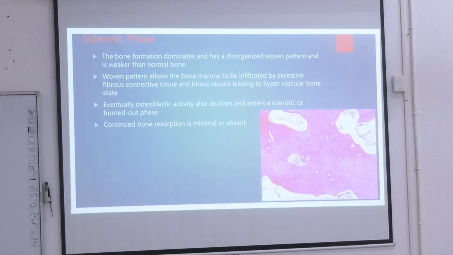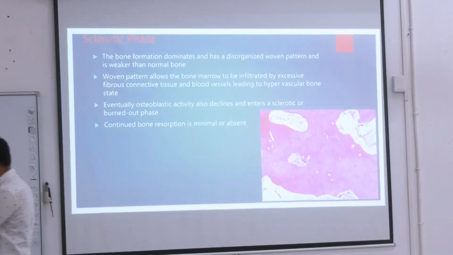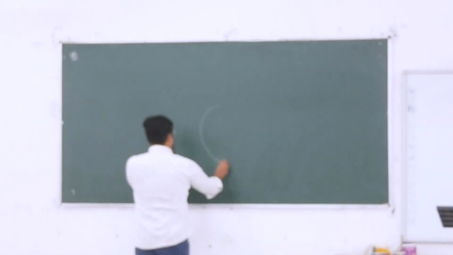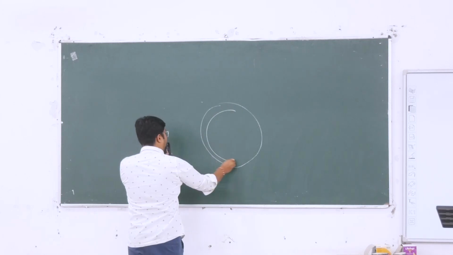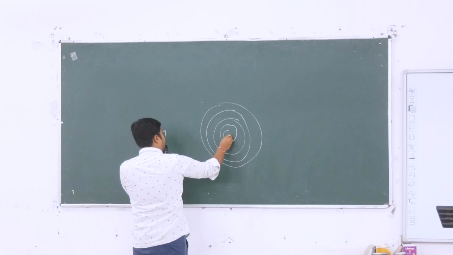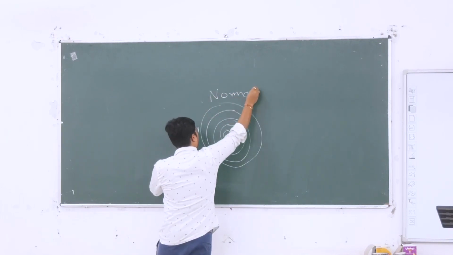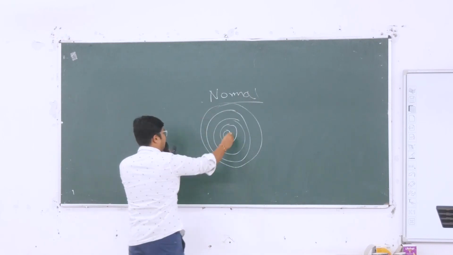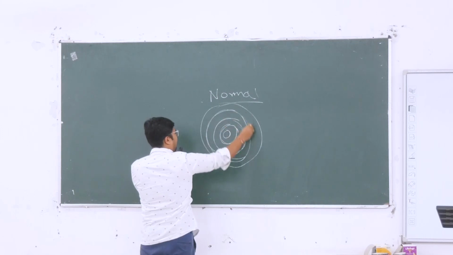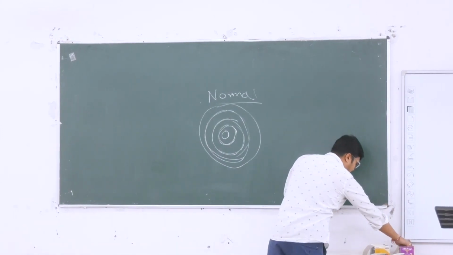So, what is the common organization of bone fiber? Bony lacuna. So, in lamella, bony or bone fibers. This is normal.